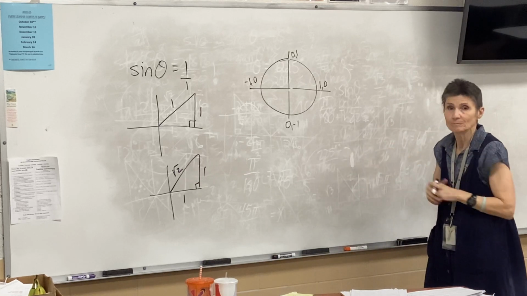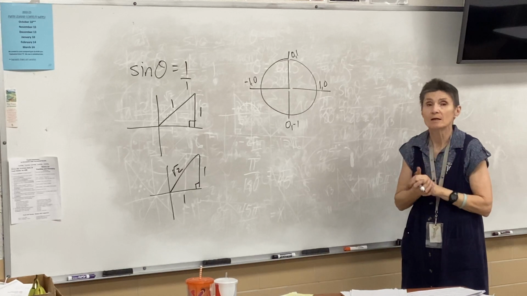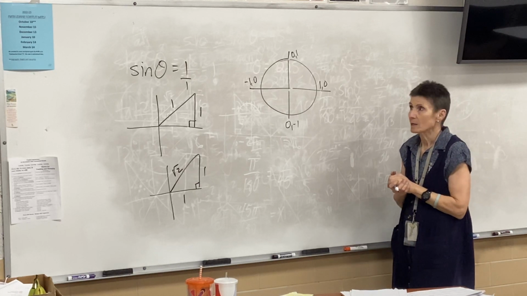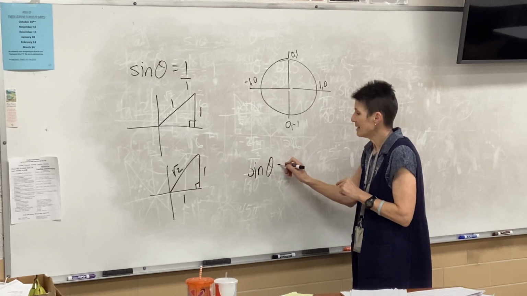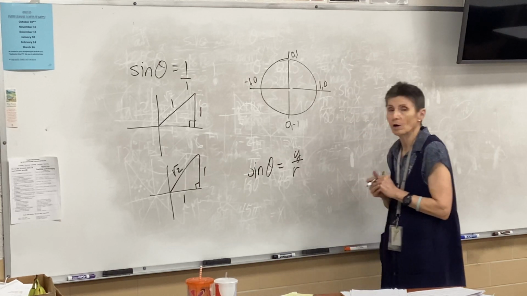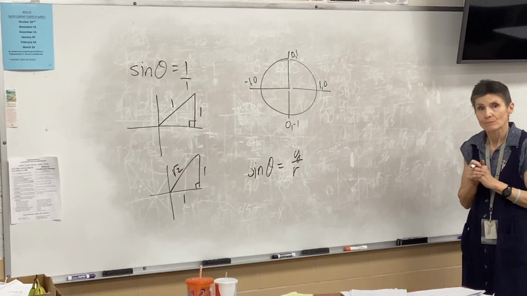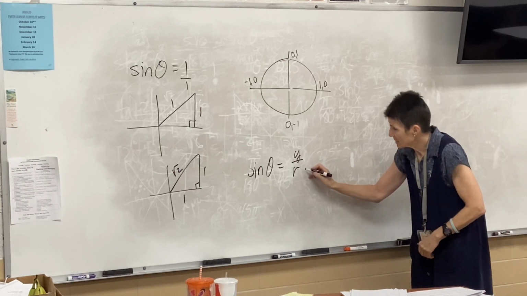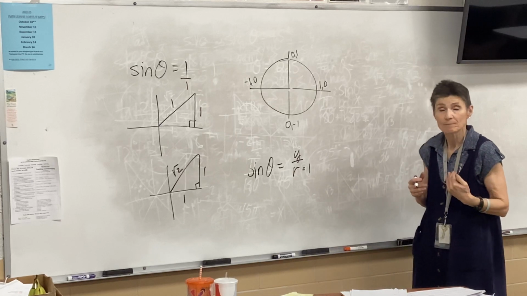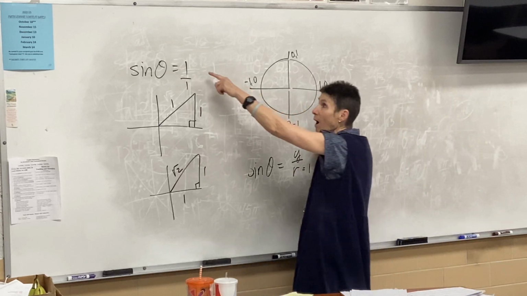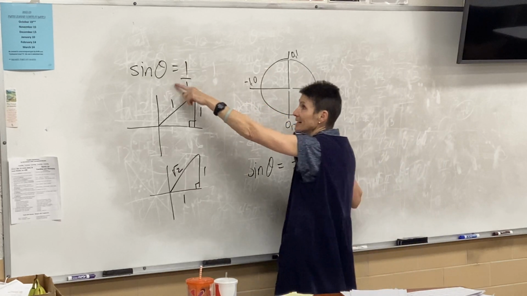If I'm in the circle, then I gotta use my circular definitions on my purple sheet. So according to the purple sheet, the sine of an angle is y over r. Now, this part is going to be 1 always. I set it up that way, so the radius is 1. Now, I need y to also be 1, right? I need my sine to be 1 over 1.